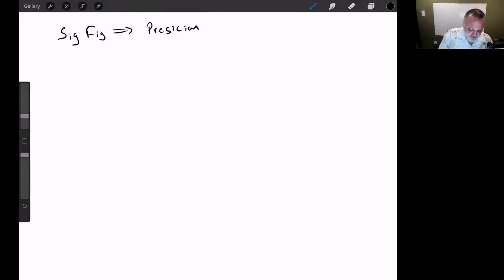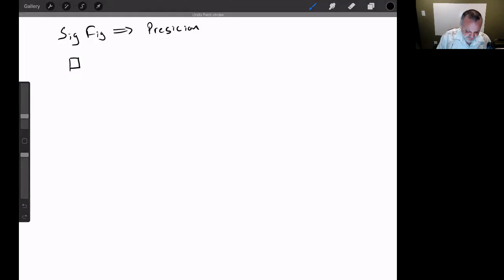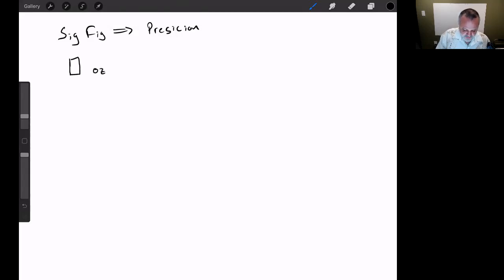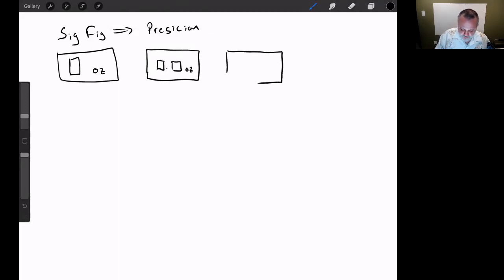And again, let's just assume that you have a scale that works, that has digits, and the digits are in ounces. Let's say one scale will read 1 digit. Another scale might read 2 digits. Another scale might read 3 digits.